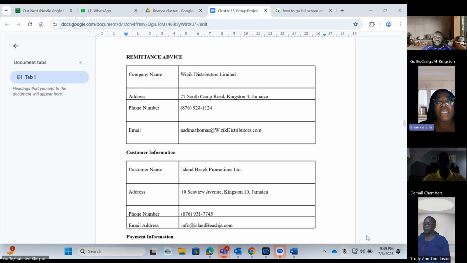Some advantages and disadvantages of the remittance advice: it ensures supplier reconciliation, and it also provides an audit trail so you can track payments. The errors may cause confusion, and it's time consuming if it's manual. So those are some of the cons: errors, and also it's time consuming.